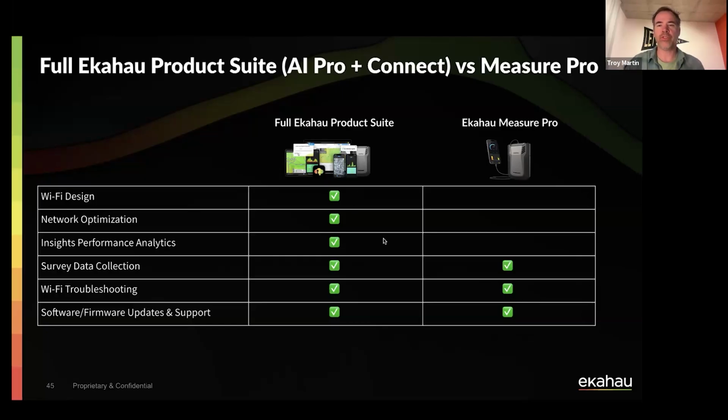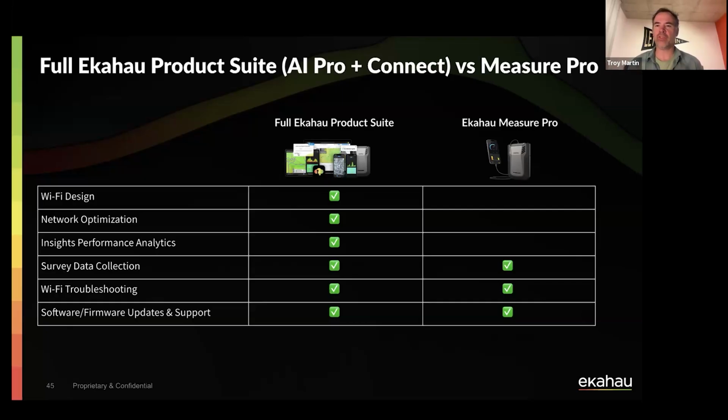And you get a list of all the features supported within that. Or you can simply purchase the Ekahau Measure Pro, right? Ekahau Measure Pro, again, for those field teams, giving you access to the survey and analyzer app on your mobile device, allowing you to collect data, perform packet captures, do some spectrum analysis, complete a survey, launch the network overview or the client analysis tool, and just collect data in the field, right?